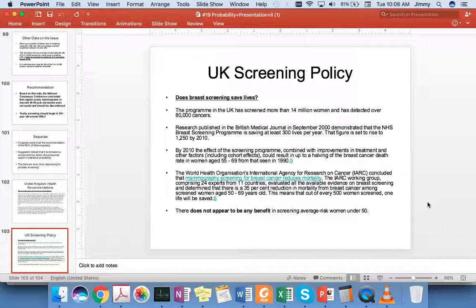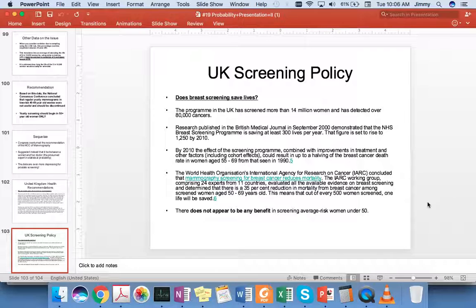Does breast screening save lives? The program in the UK has screened more than 14 million women, and has detected over 80,000 cancers. Research published in the British Medical Journal in September 2000 demonstrates that the NHS breast screening program is saving at least 3,000 lives per year.